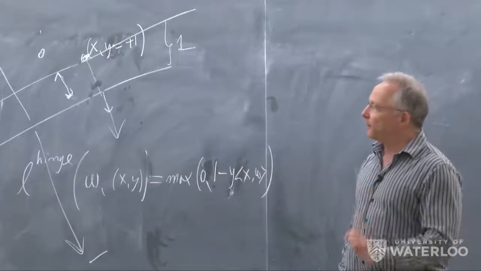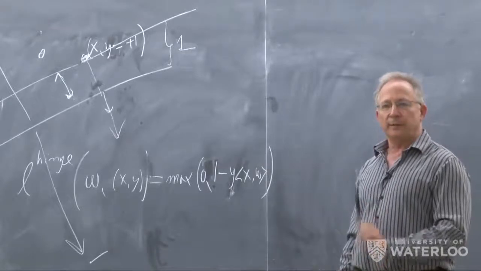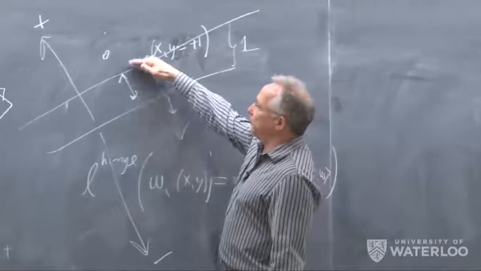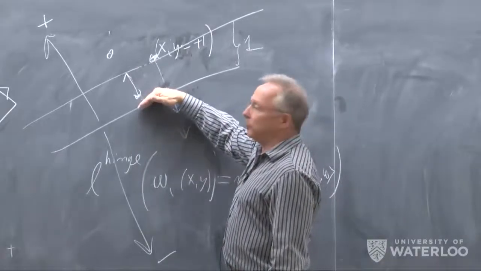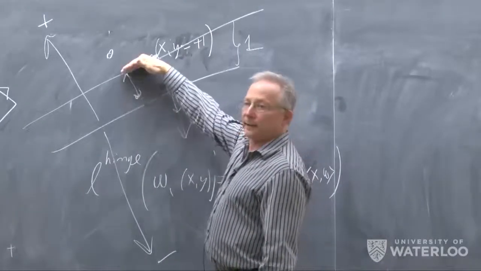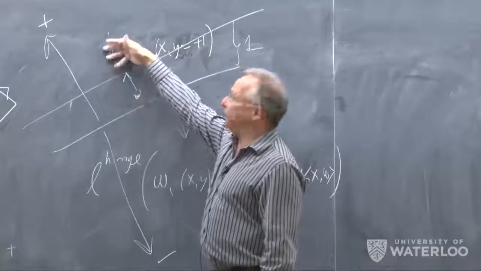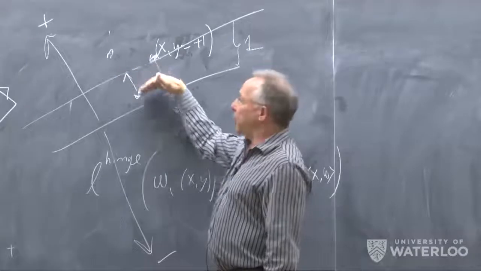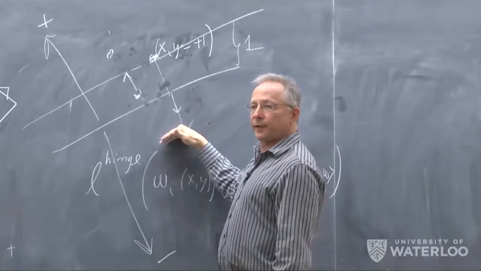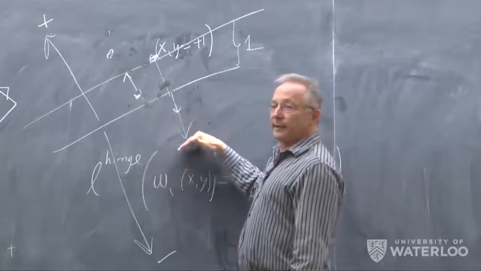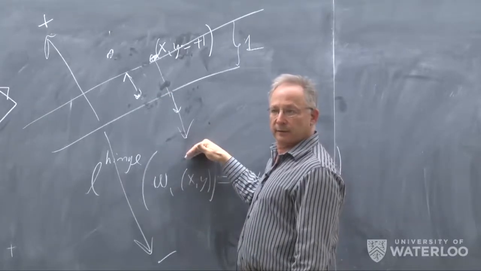Okay, so what is the bottom line of this discussion? The bottom line is that the hinge loss penalizes you for correctly labeled points if they are too close to the line. Once they are away from the line enough, once I have enough margin, I'm not getting penalized. For misclassified points, I'm penalized all the time, and the penalization grows as I'm getting further away from the line.